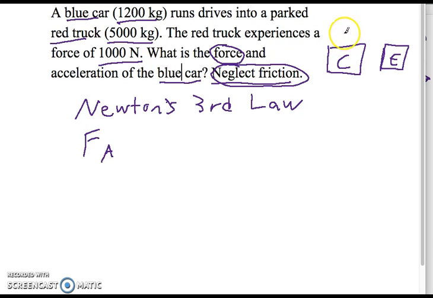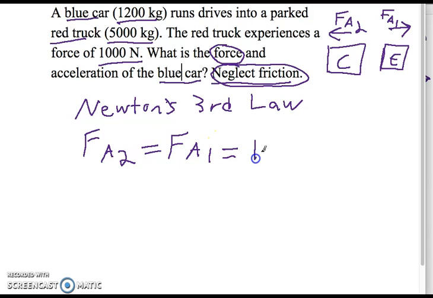We'll call the force on the car FA2 and the force on the truck FA1. Those forces are going to have the same size by Newton's third law, so the force on the car is the same as the force on the truck. Remember, there's no friction, so there's nothing to make it more complicated. We know that value is 1,000 newtons, given in the problem.